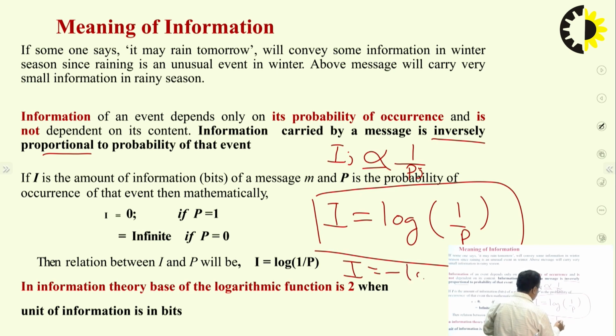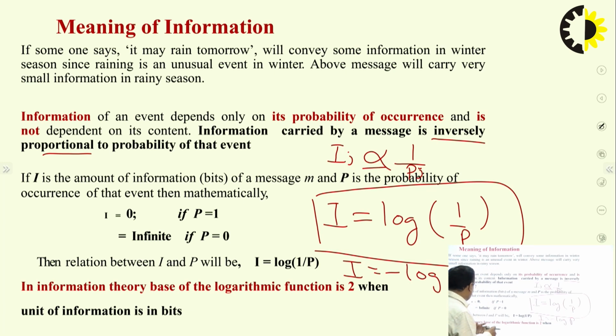So it will be minus log of p. Always I is equal to 0 when p is equal to 1, and it is infinite when p is equal to 0, because the information of any event is inversely proportional to the probability of that event. That's why I am writing this. So this is the formula of information.